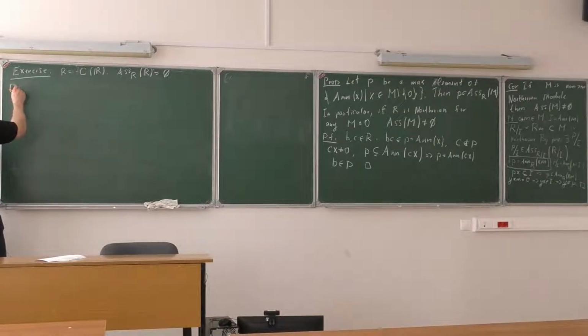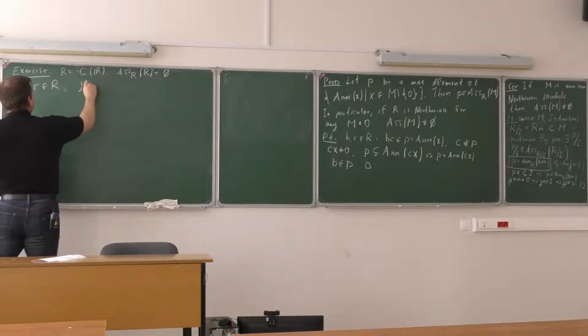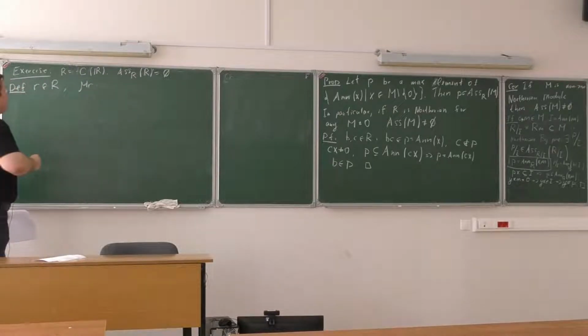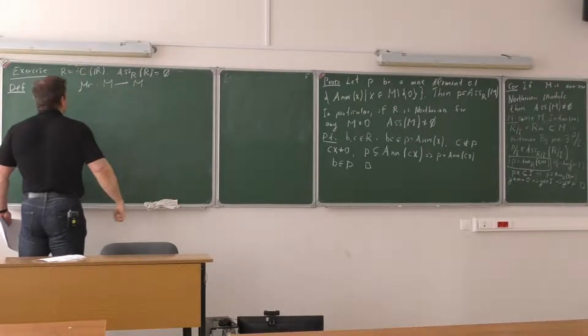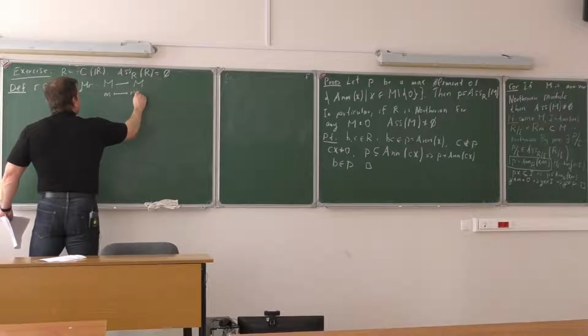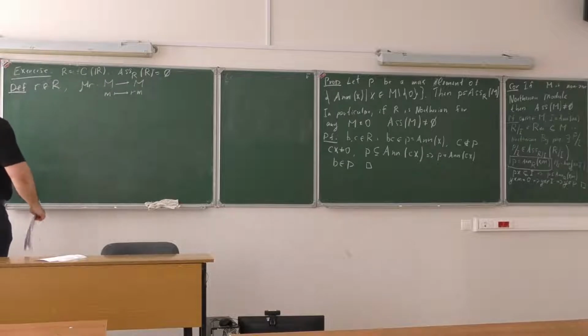Okay, definition about two things. Again, I have a module. I take an element r in the ring, and I want to give a name for the multiplication map. Let's call mu sub r a map from the module to the module. This works for any module, and this just sends element m to rm. It's just another notation for multiplication by an element from the ring.